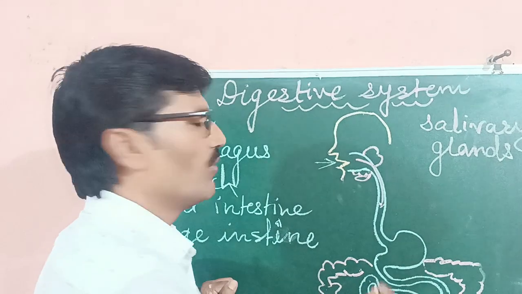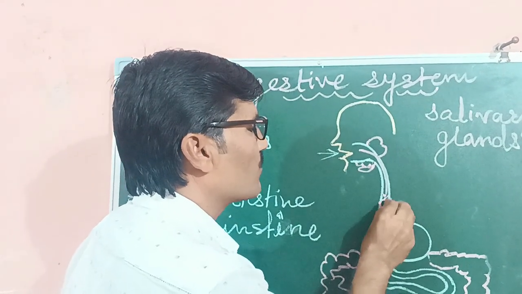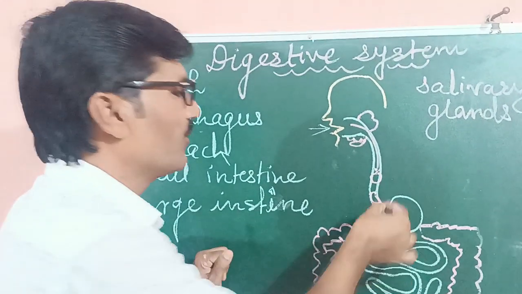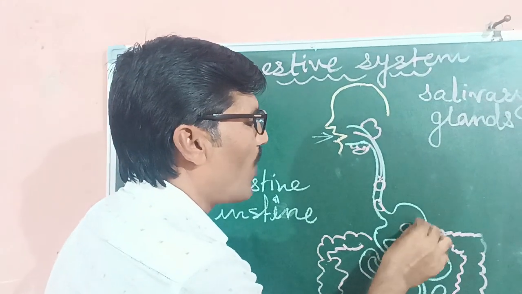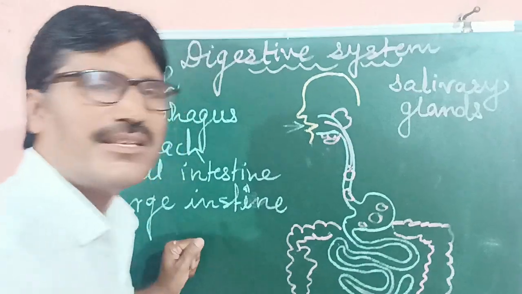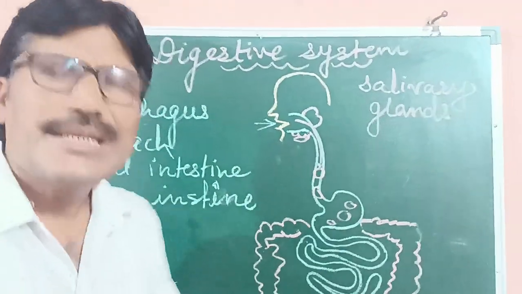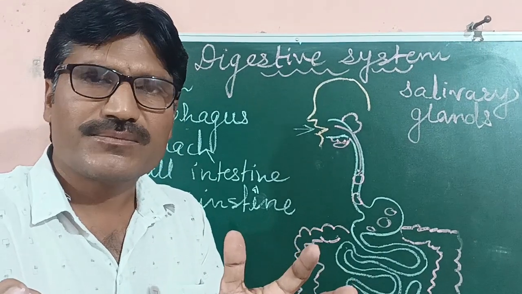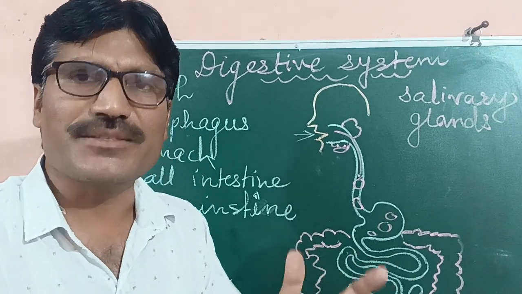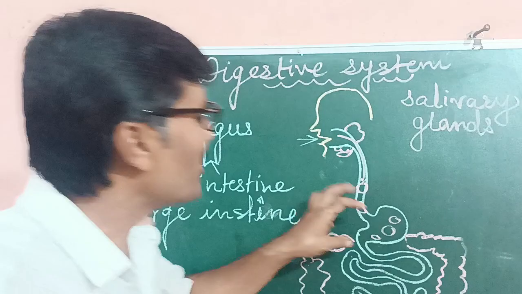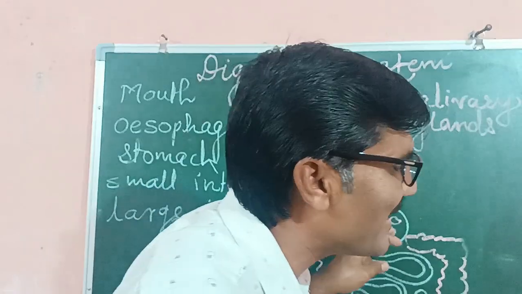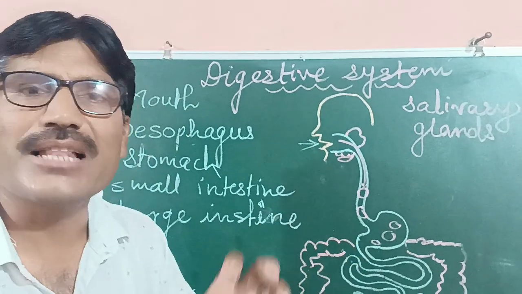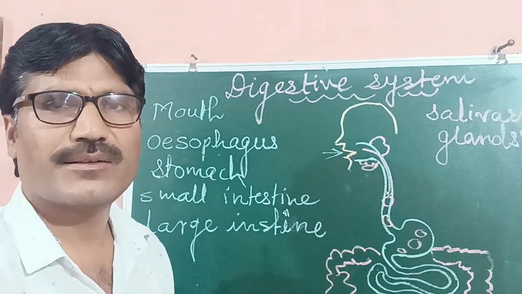So now morsel by morsel, that means bolus by bolus, goes into this bag, and this bag starts contraction and relaxation, and this contraction and relaxation process is called peristaltic movement.